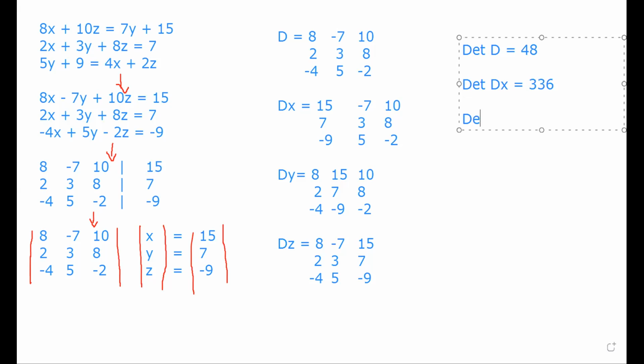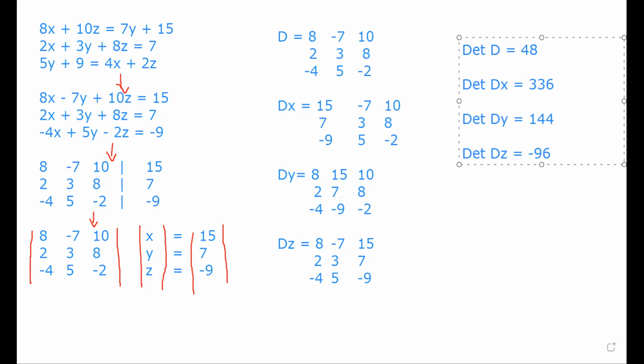And the next one, the determinant of dy is equal to 144. Kindly go back to the previous notes and look at how to find these determinant values. And the last, the determinant of dz is equal to minus 96.